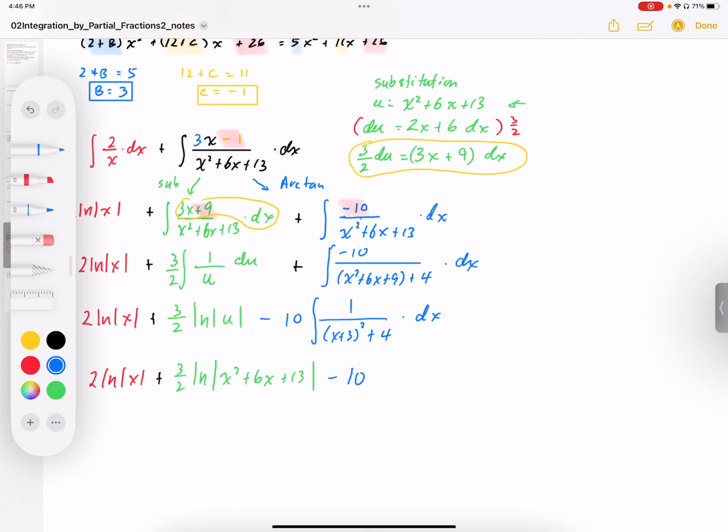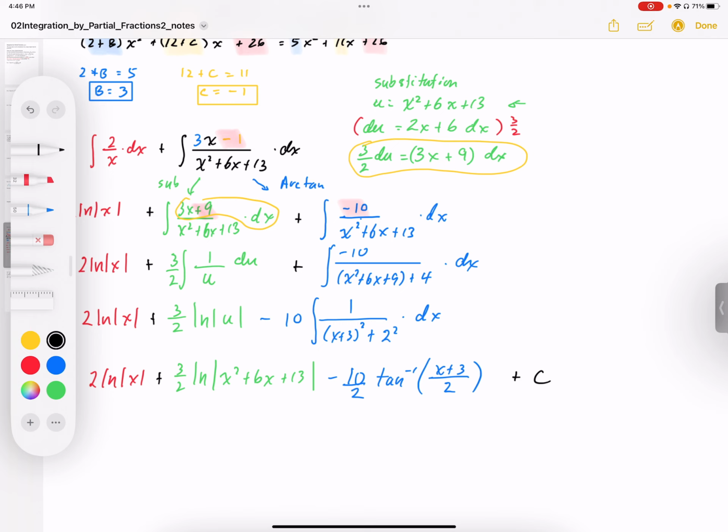And now I can apply my arctan formula. So this is going to be 2 squared. If it's easier to see, I'm going to convert this to 2 squared. So that makes that coefficient 2, so I'm going to divide by 2. I'm going to have my arctan of the input variable x plus 3 over 2, and then we need to remember the plus c.